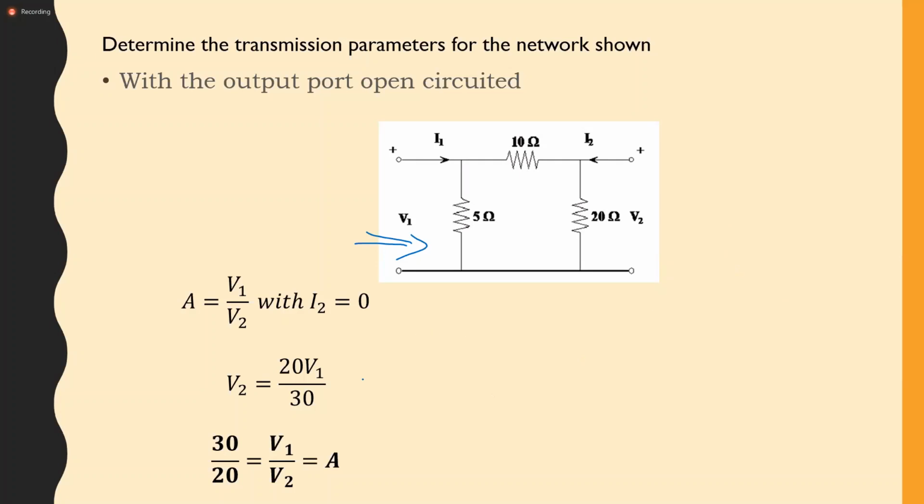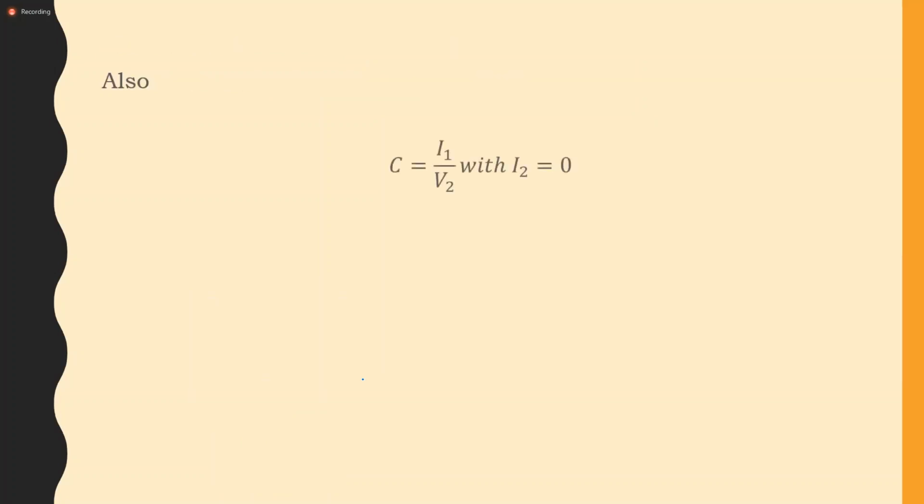So we can also find C. We know that C is I1 over V2 with I2 equals 0. So maintaining the open circuit, you have the circuit before you.